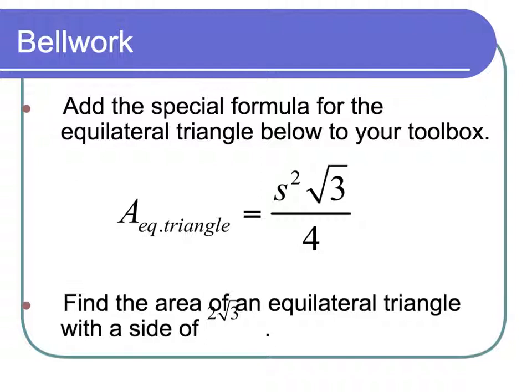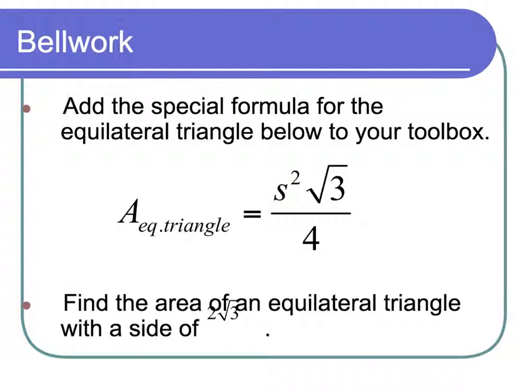Okay, so if you have any kind of equilateral triangle and you know the side of that equilateral triangle, you can plug it into this bad boy right here. Here it says find the area of an equilateral triangle with a side of 2 root 3.